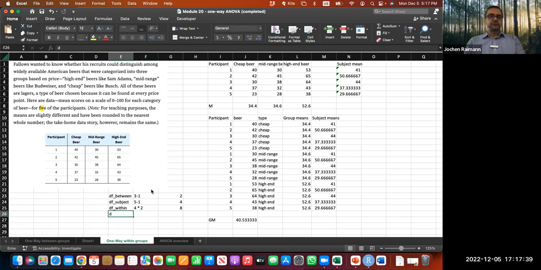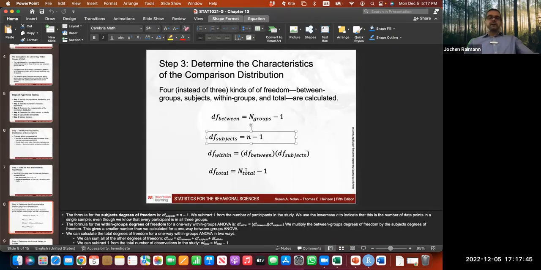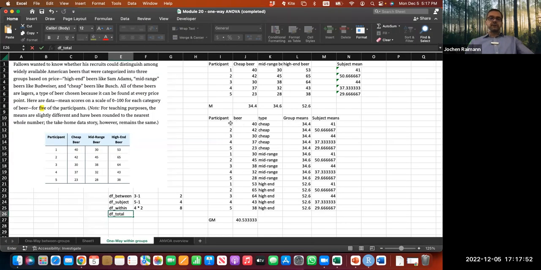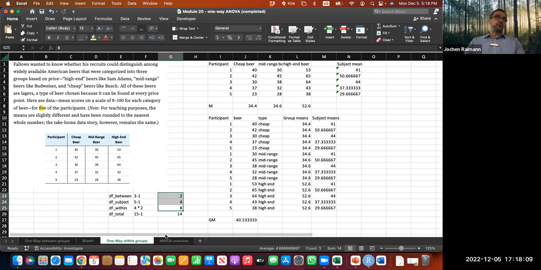Then the degrees of freedom total is n total minus 1. We have a total of 15 entries, so 15 minus 1 equals 14. And again, 8 plus 4 plus 2 adds up to 14.